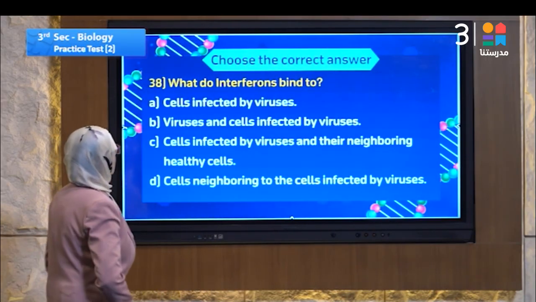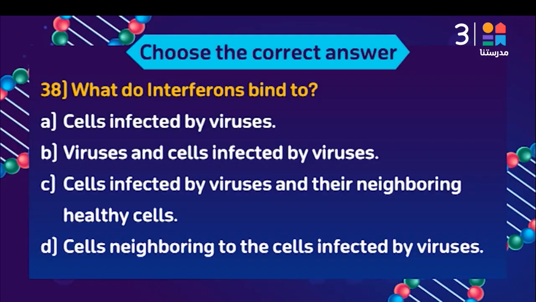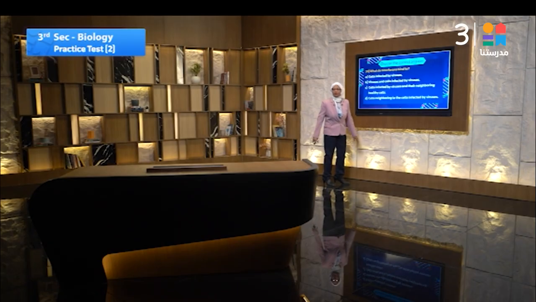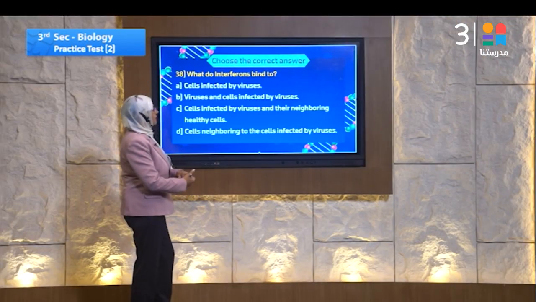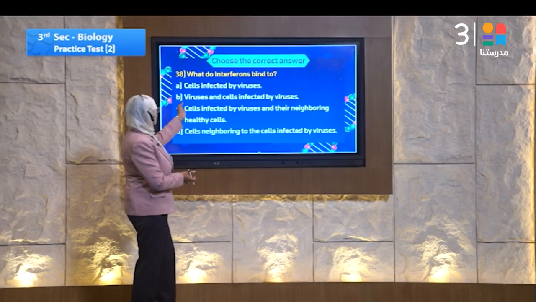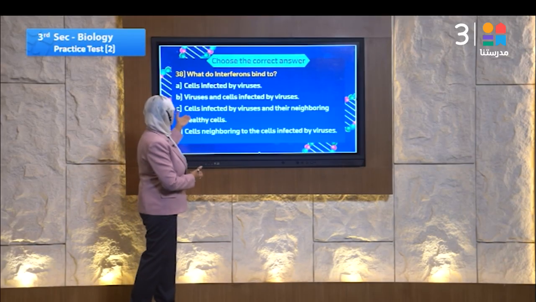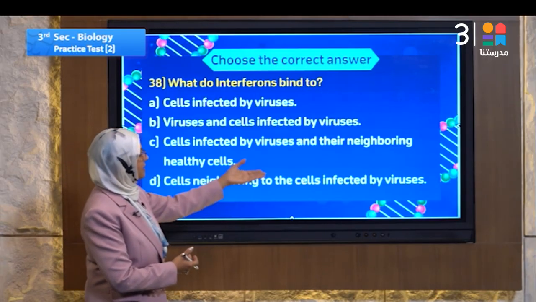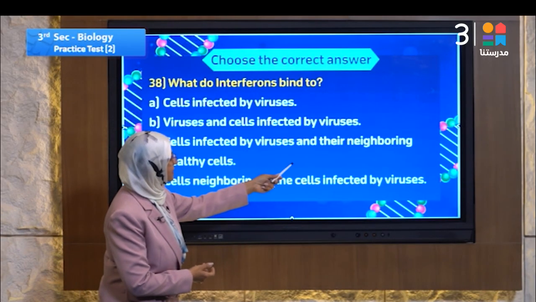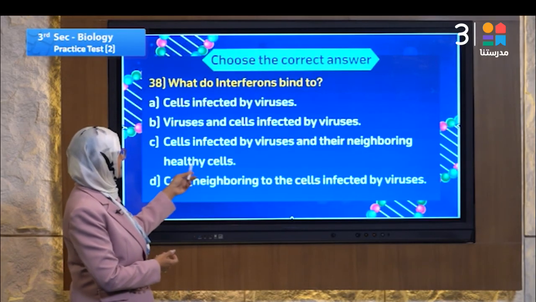Question number 38: what do interferons bind to? Interferons are chemical substances which help in immunity. Cells infected by virus, or cells infected by virus and their neighboring healthy cells?